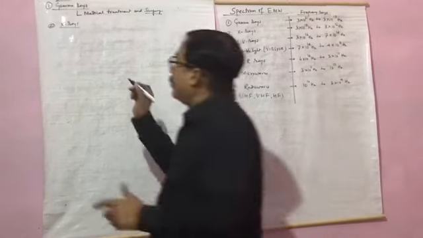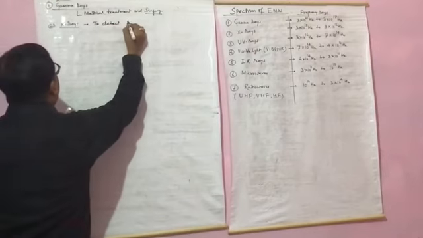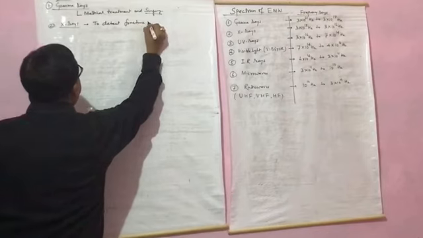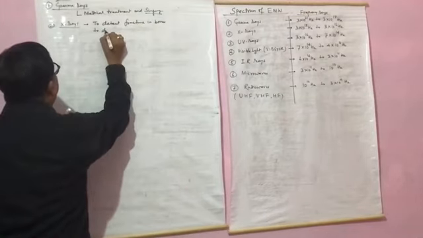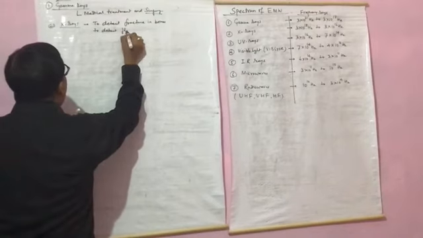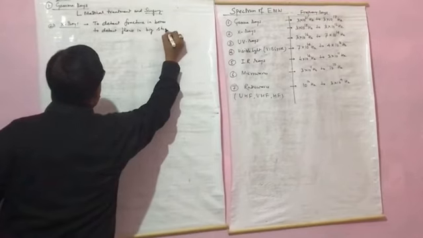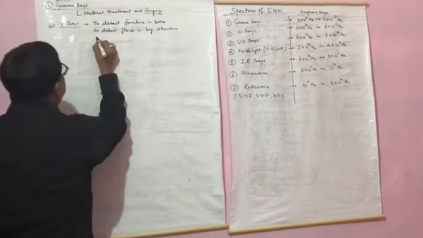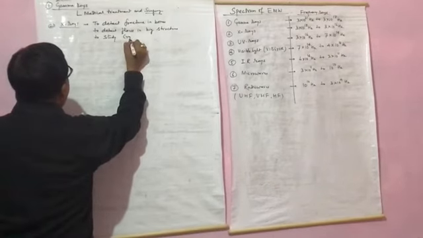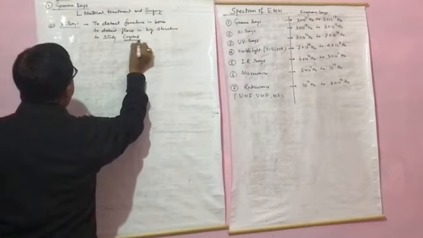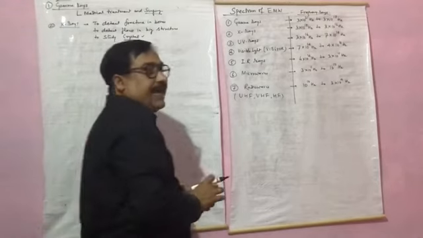So X-rays can be used to detect fracture in bones, to detect flaws in big structures, to study crystal. Okay? So for crystal analysis also we use X-ray.